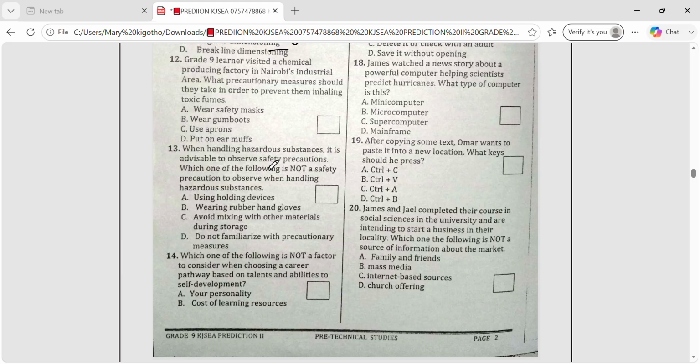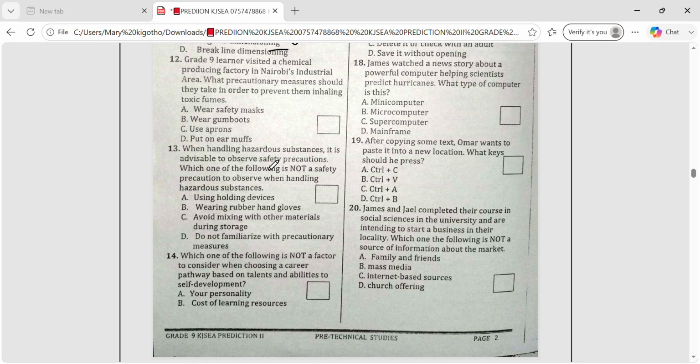We have now question 12 and 13. Grade 9 learners visited a chemical producing factory in Nairobi's industrial area. What precautionary measures should they take in order to prevent them inhaling toxic fumes? So focus on the specific hazard mentioned. So what is the specific hazard that this question has mentioned?